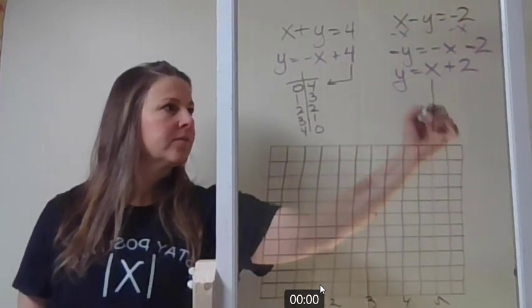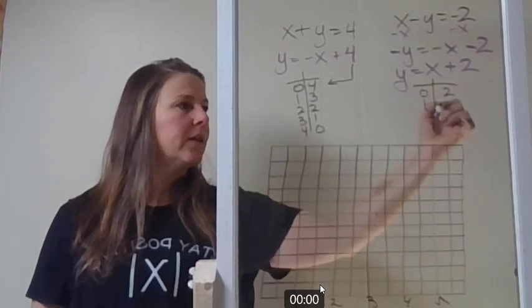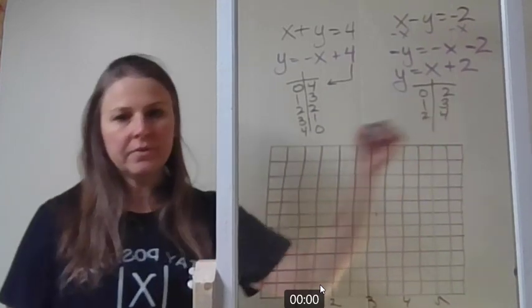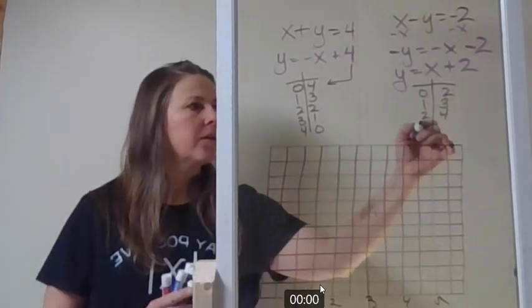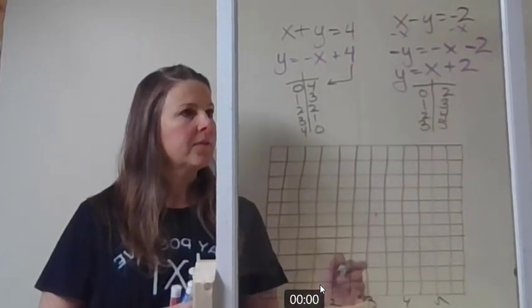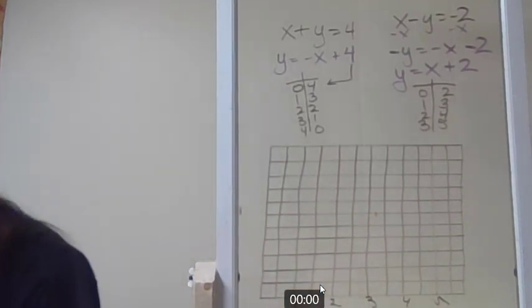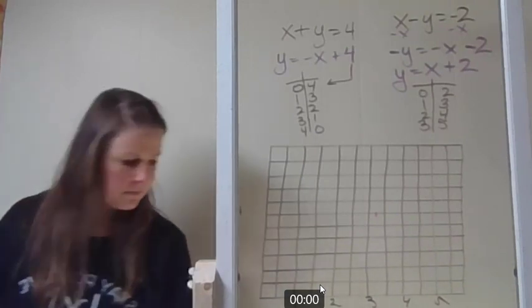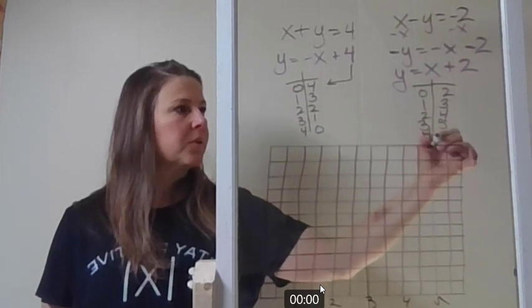And then here, 0 will give 2, 1 will give 3, 2 will give 4, 3 will give 5, and 4 will give 6.